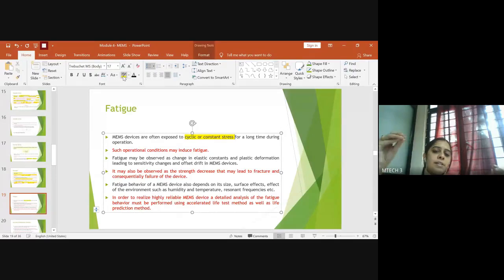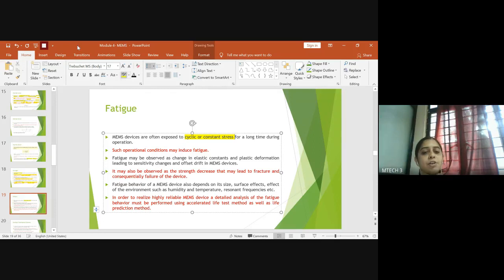If you're subjecting the device to axial load continuously, or subjecting the load in a cyclic manner frequently and regularly, and that too not for a short period of time but for a longer period of time, then it results in fatigue.